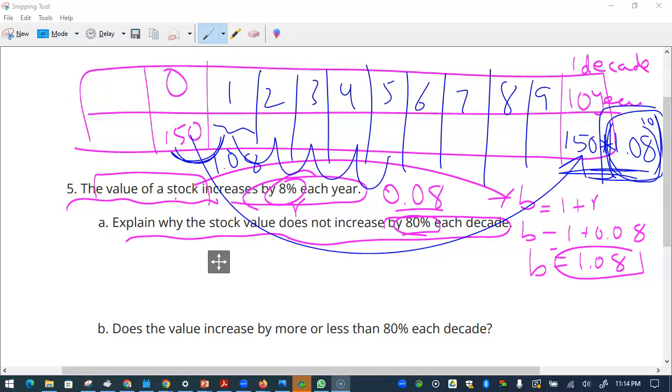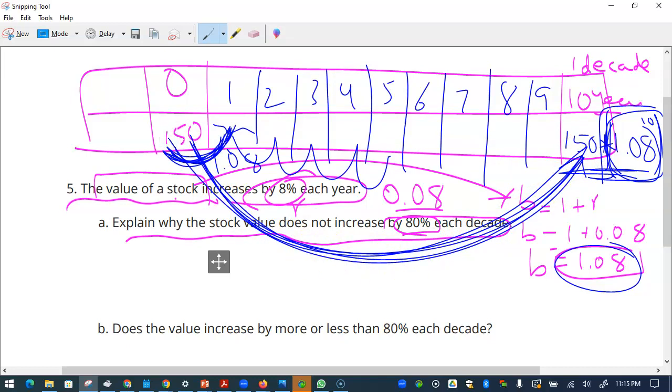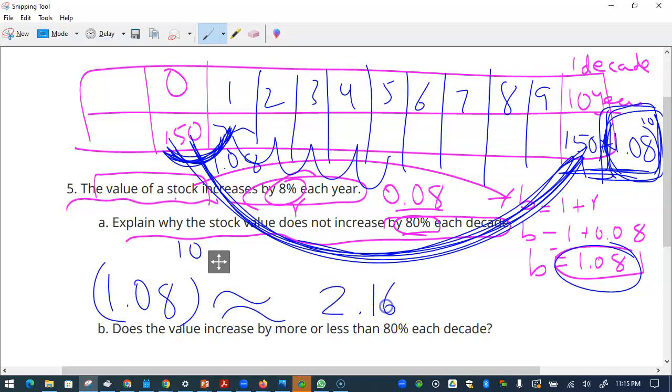So again, I repeat. Every year it was increasing by 8%. So from year to year, the factor is 1.08, but then you're multiplying it 10 times. So the new factor is for every decade. So is it really 80%? Let's check. When you do this, this factor, 1.08 raised to the power 10, if we calculate this, you get approximately on the calculator 2.16, which is 1 plus 1.16.